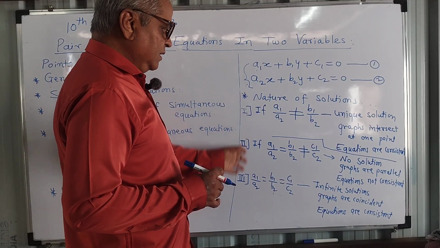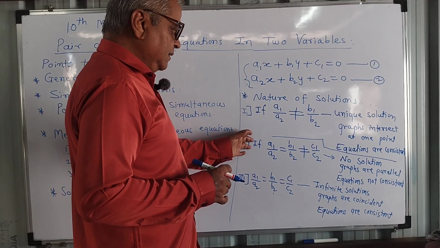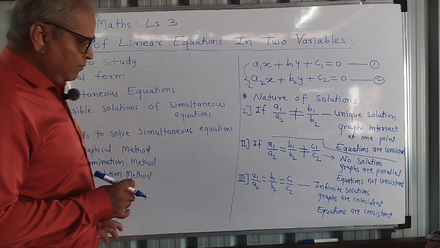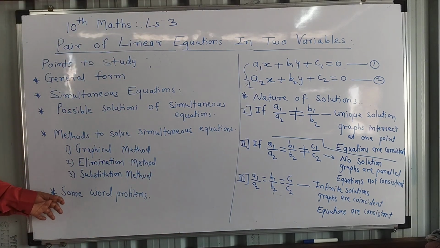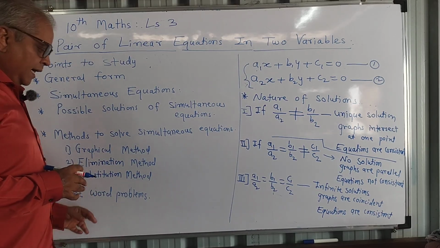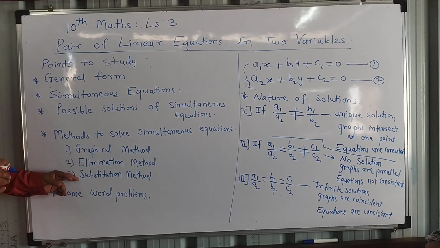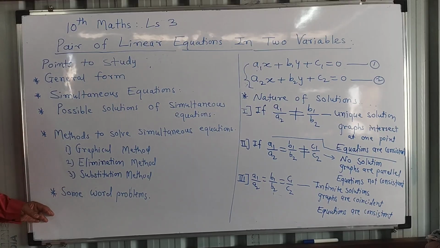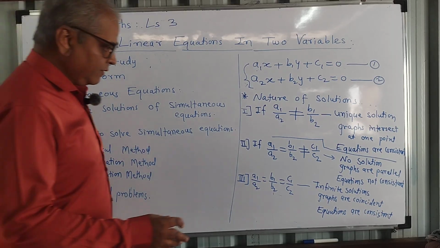I think these three questions are on these three possibilities. Question number 1, which has two sub questions, word problem, those questions will be studied after finishing question 2, 3 and 4, and then elimination method and substitution method and some word problems in the remaining part of the lesson. So now we will start exercise 3.1.